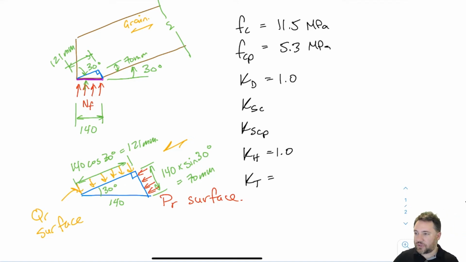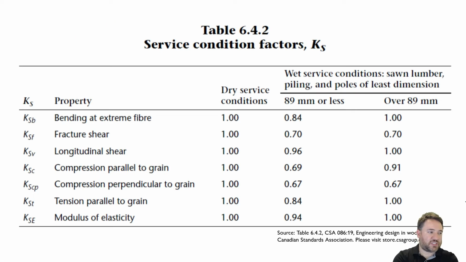Okay, now what about KSC and KSCP? So we're going to the service condition factor table for lumber, which is the one in 6.4.2. There's a different one for glulam, you'll recall. And we're talking about wet service conditions for sawn lumber, least dimension 89 or less, because our least dimension is 38.